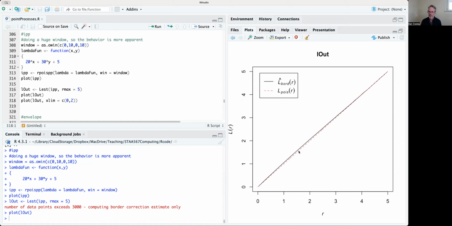And what we see in our L function is different than the Neyman-Scott, where there was a dramatic and short-term deviation. What we see here is a persistent deviation from what we would expect under complete spatial randomness.